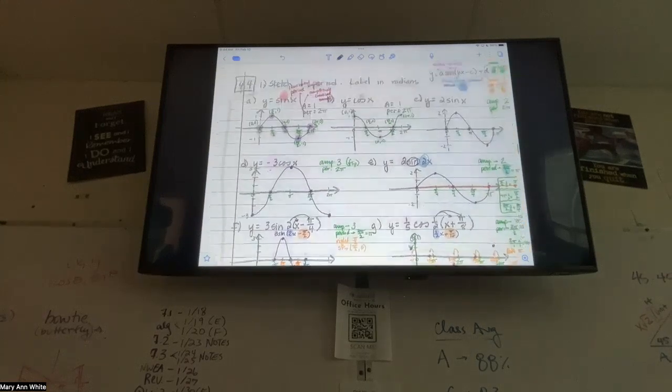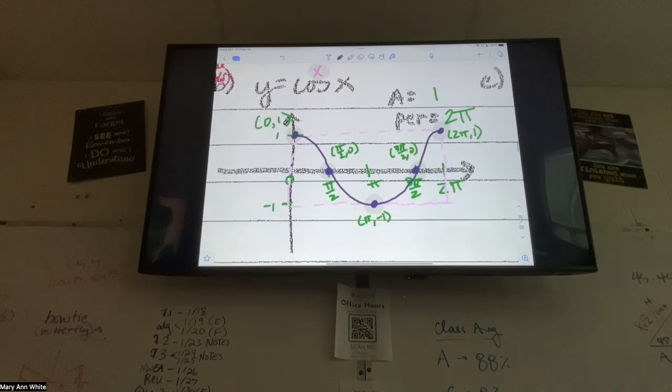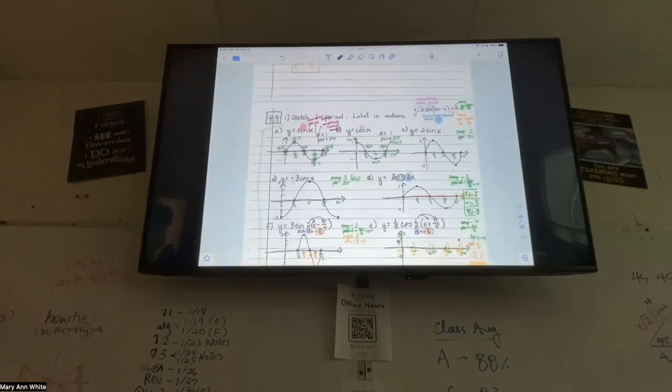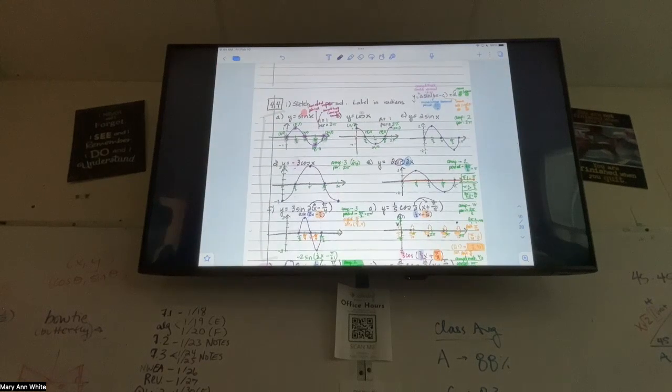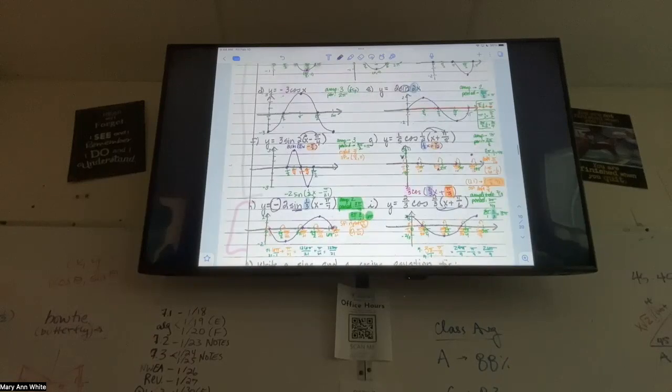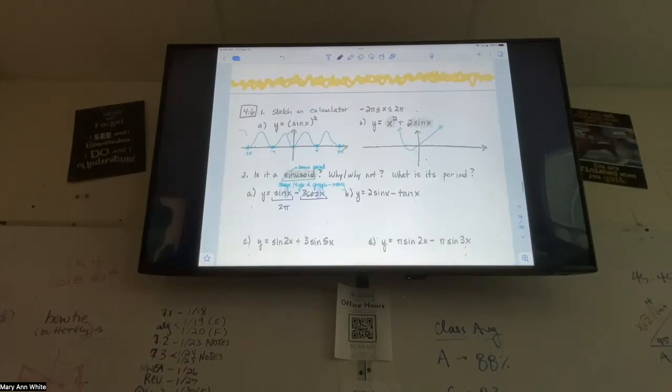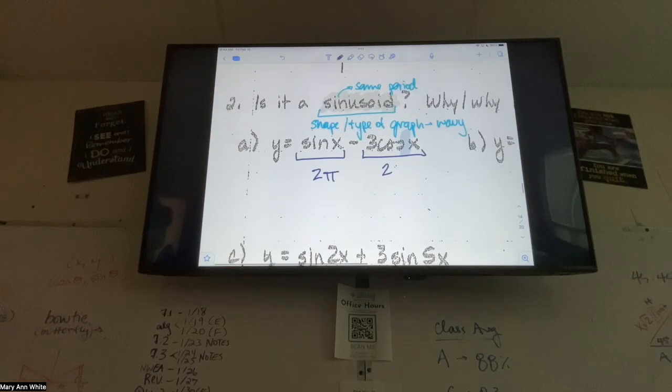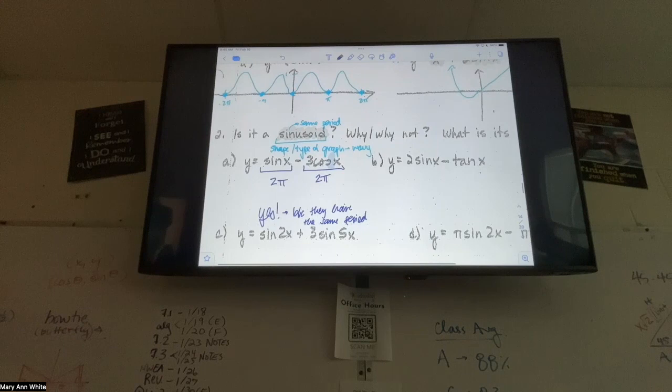If I didn't know, I would be scrolling back through my notes, asking what is the period of cosine? 2 pi. Good. Sine and cosine, it's just 2 pi in general. If we have a b, then we change things. So 2 pi is kind of our stock answer we're always going to go back to. So if the period for the first one's 2 pi and the period for the second one's 2 pi, we would say, yes, these are sinusoids, because they have the same period.